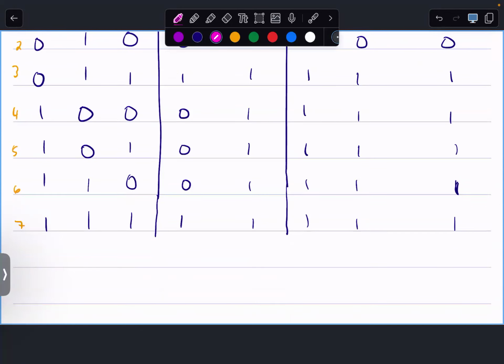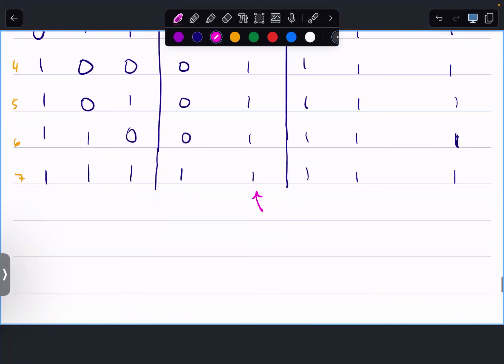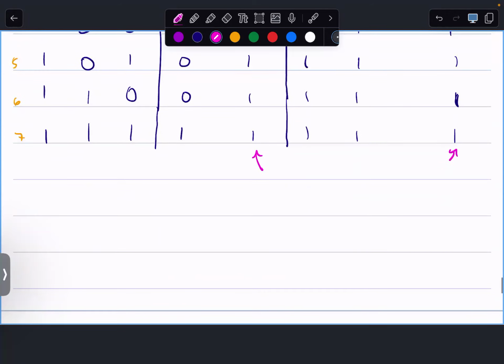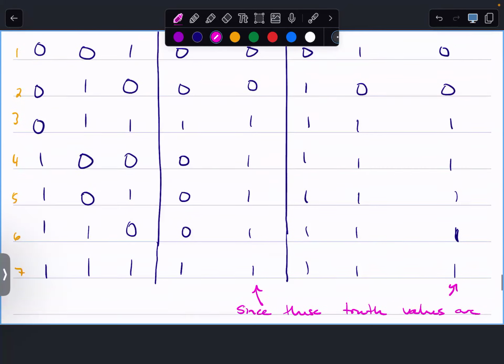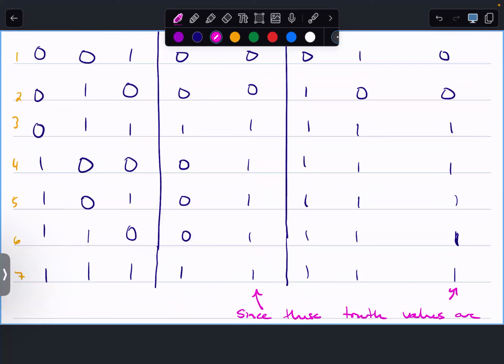Now since these truth values are the same, they are equivalent. Neat.